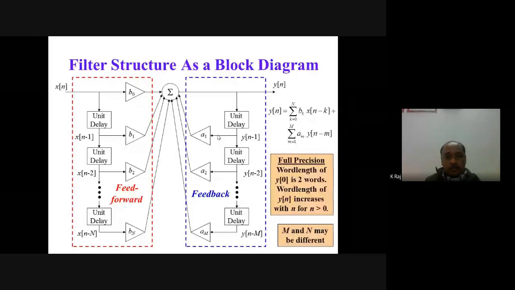Now suppose we have realized any filter after deriving H(z), that is the transfer function. Then we have to compute the computational complexity in order to know what will be the cost of this system, which has to be designed before implementation.